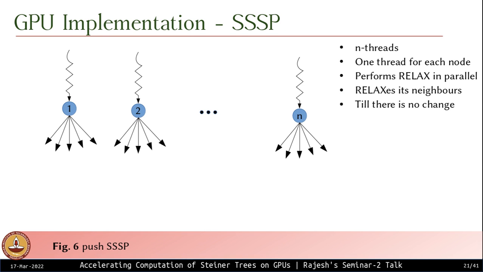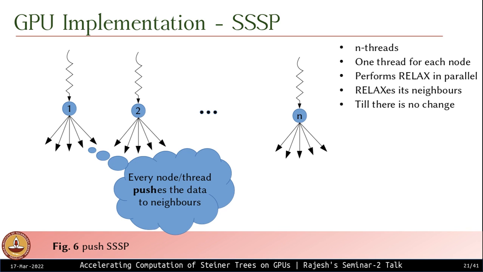Okay, so how would an ideal GPU implementation of an SSSP look? It will be launched with n threads, so one thread will be assigned to each vertex. It performs relax in parallel, relaxing all the neighbors in parallel. How long should we do this? Till there is no change in the distances.